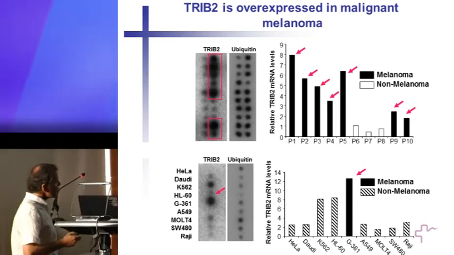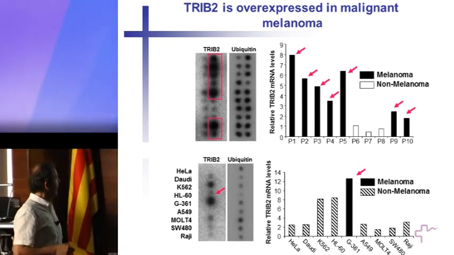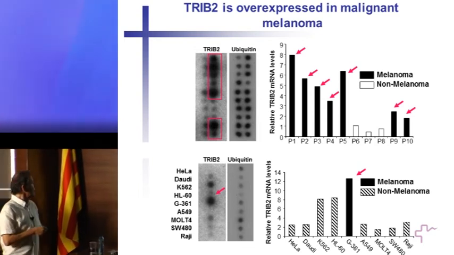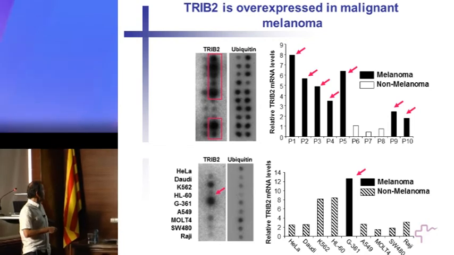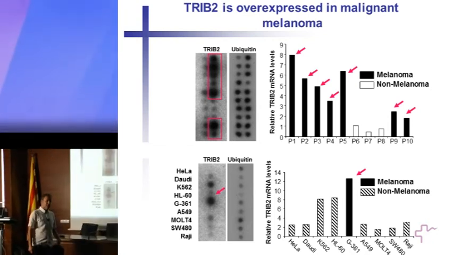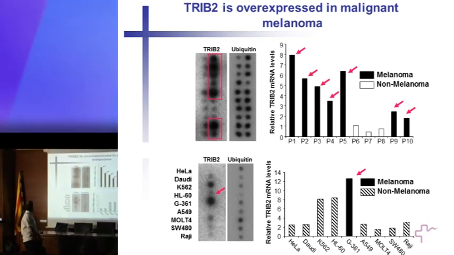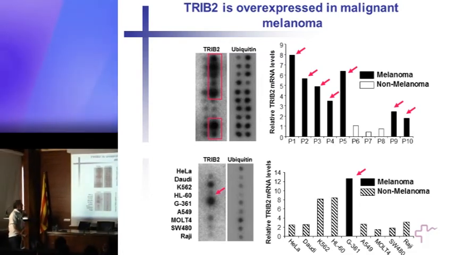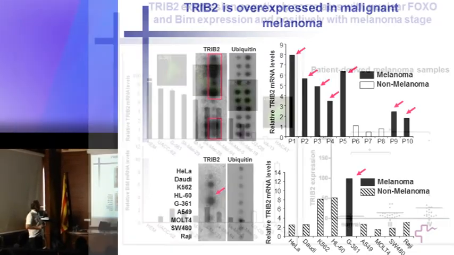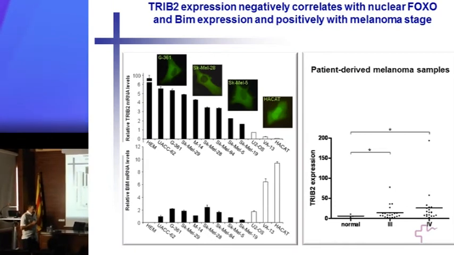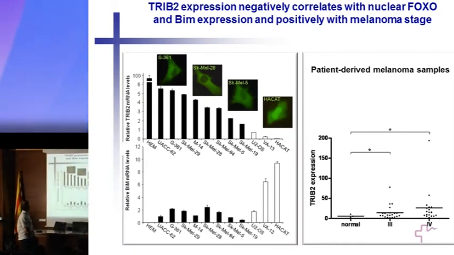The same was true for the panel of cell lines: the cell line with the highest TRP2 expression was also from malignant melanoma. So we were able to confirm this in an independent panel of cell lines.